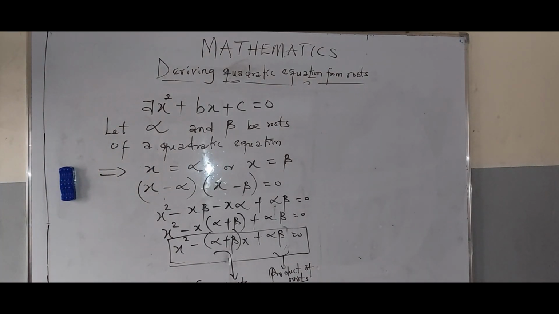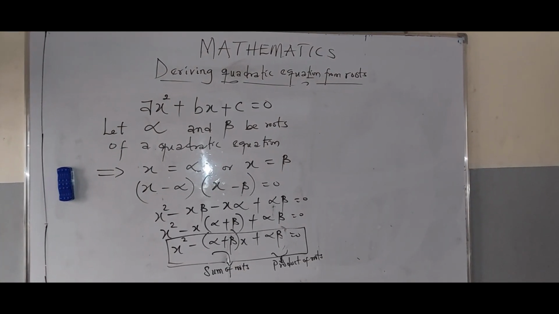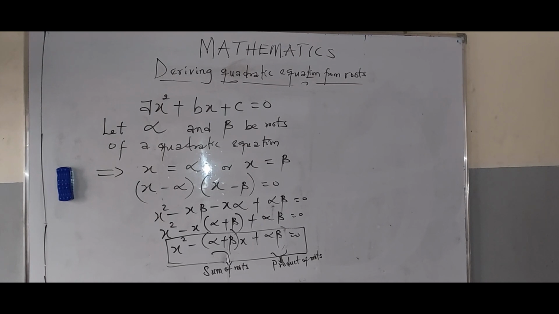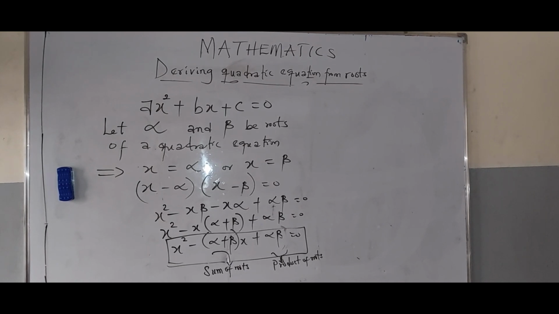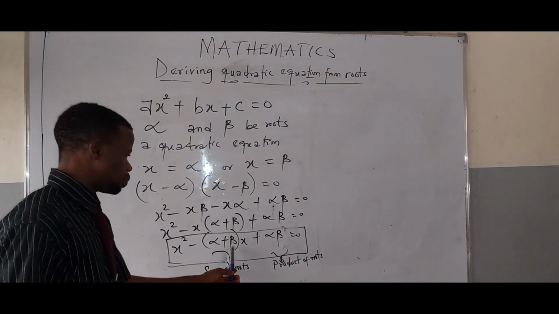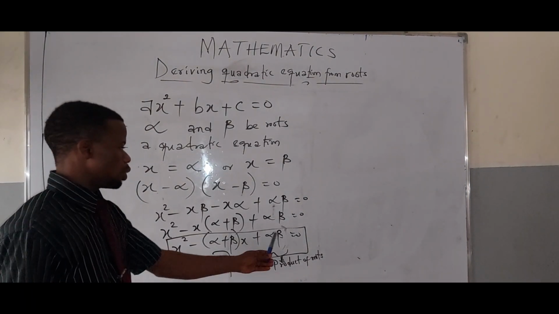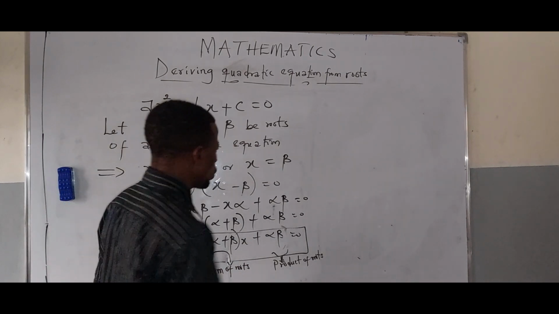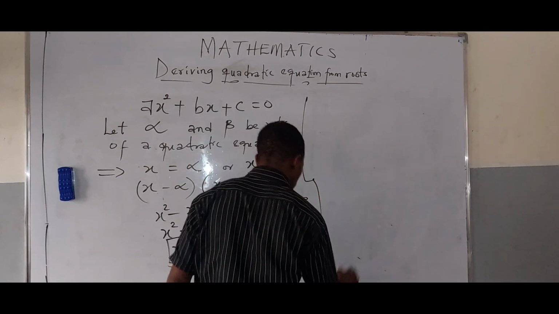Can you see that? Very good. So that implies that alpha plus beta is the sum of roots, and alpha beta is the product.